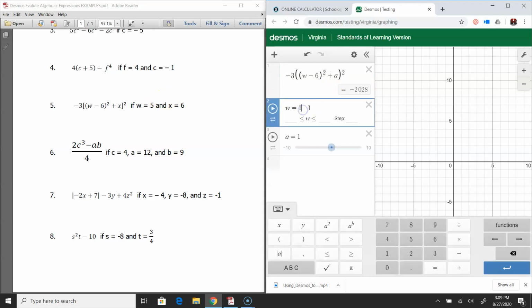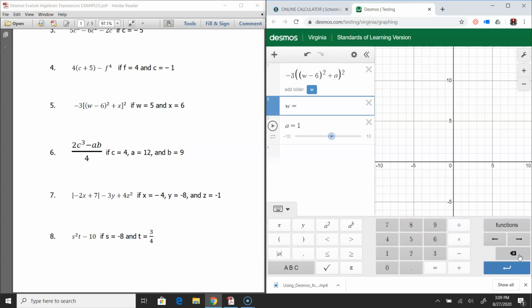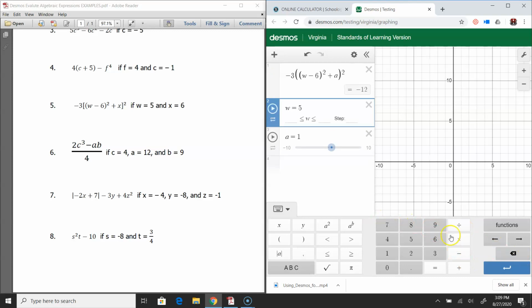W, according to the problem, we want to be 5, so backspace and change him to a 5. The A, which we are using in place of X, we want to be 6, so we will backspace and change that A to a 6. And when we do that, this expression has a value of negative 147.